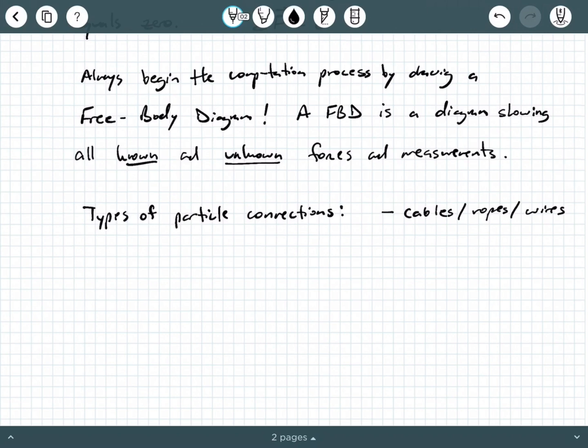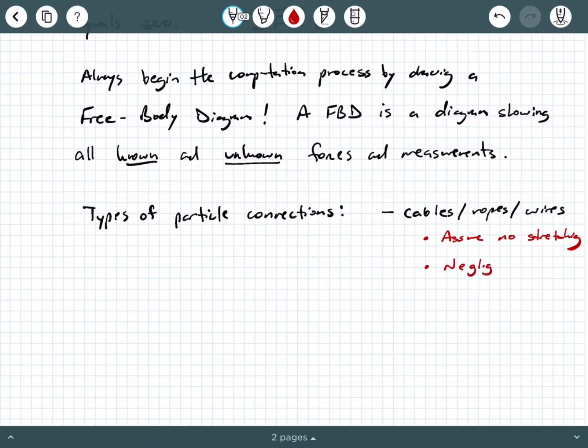From a statics perspective, whether it's a cable, a rope, or a wire, they all pretty much behave the same way. And here are the assumptions for cables, ropes, and wires. We assume no stretching.